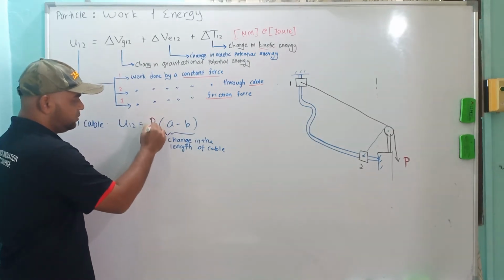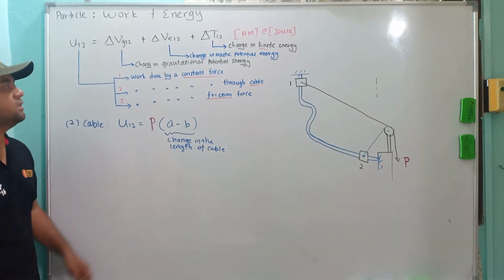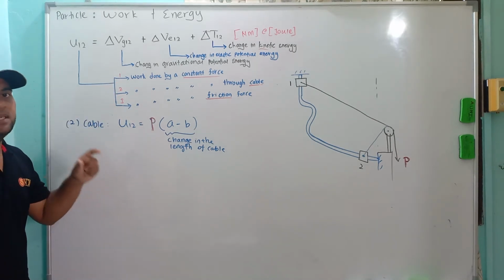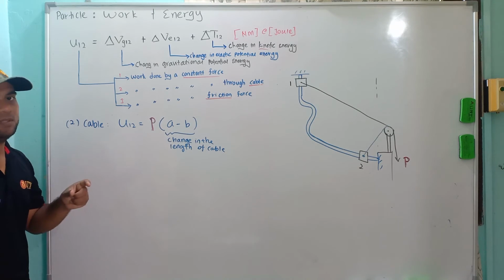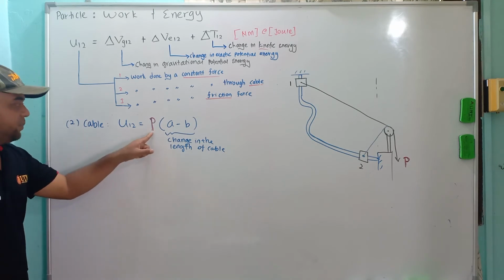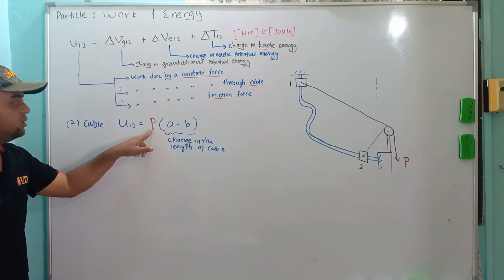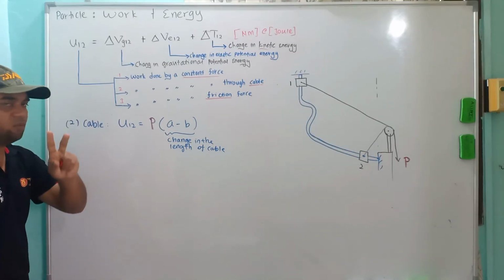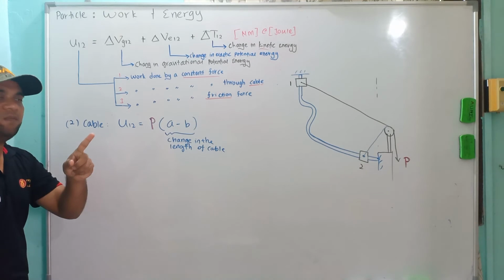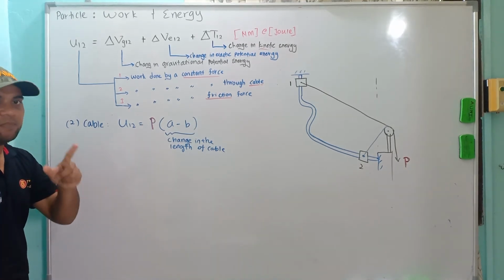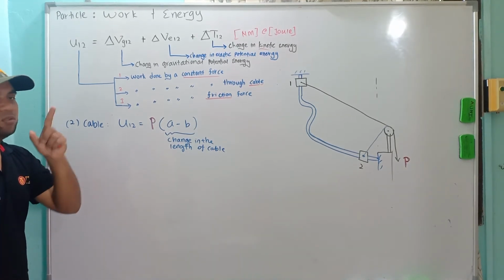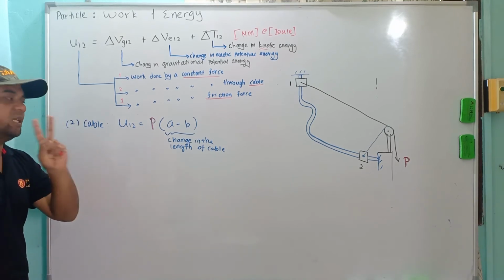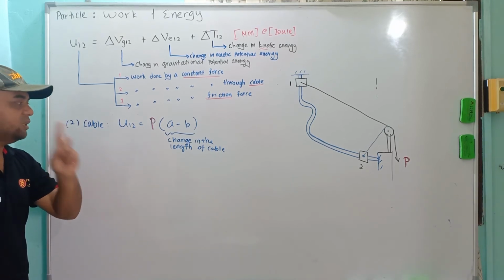So the main thing here is that the force must be a constant force, and in order for you to use this one, you must think that P is a constant force, and second, P acts through a cable. There must be P and there must also be a cable. So there are two things to make sure of before you can use this equation.